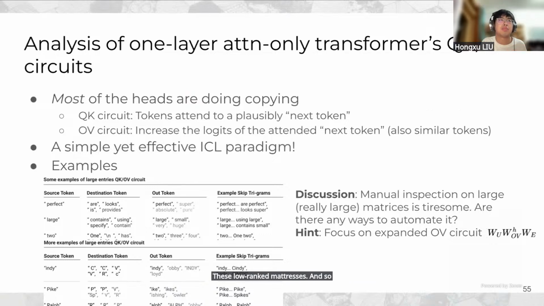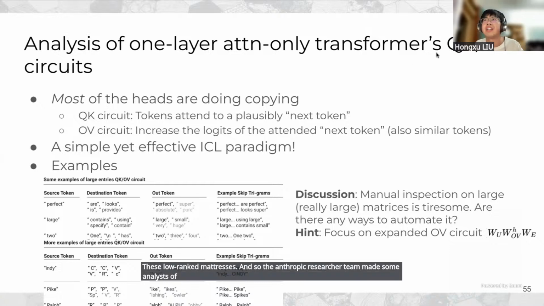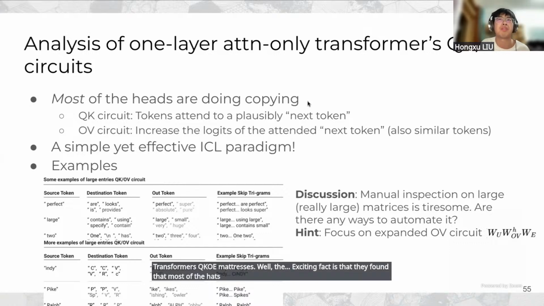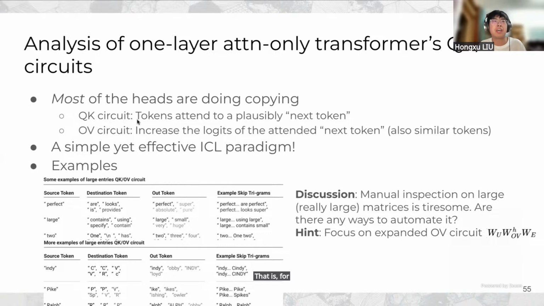The Anthropic researchers made some analysis of the one-layer attention-only transformer's QK and OV matrices. The exciting fact is that they found that most of the heads are doing some sort of copying. That is, for these heads, the QK circuits are attending to a plausible next token, and the OV circuit is just increasing the logits of that token.